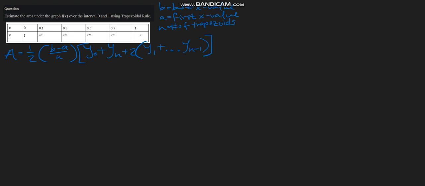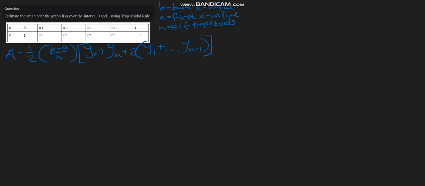in the graph, right? So how do you know the number of trapezoids in the graph? Look at the ordered pairs. We have 0, 1, and then all the way over here we have 1, pi. So we have 1 ordered pair, 2, 3, 4, 5, 6. So we have 6 ordered pairs, and that means we have 5 trapezoids in between these ordered pairs.